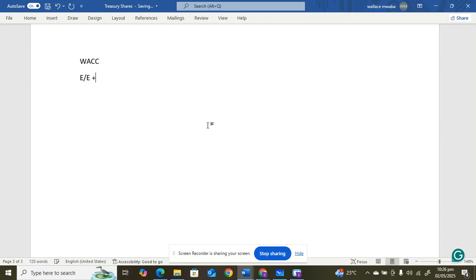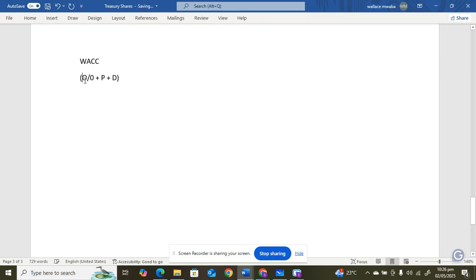So let me put the formula like this. Let me use O, where O represents ordinary shares, P represents preference shares, D represents debt.